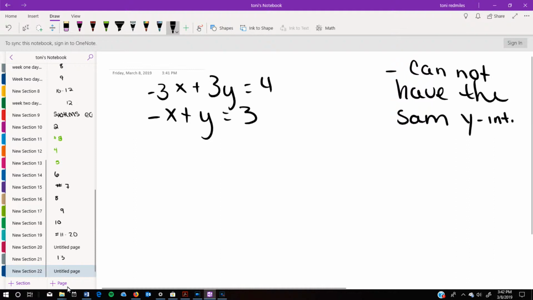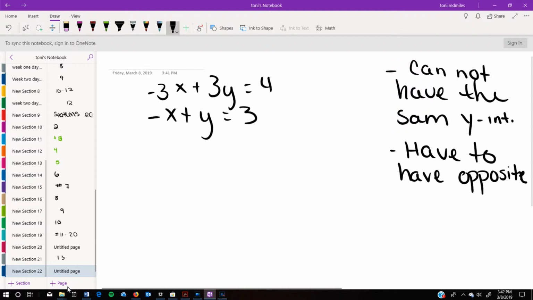They also have to have opposite, that means if it's negative, it's positive, reciprocal, that means if it's 1/3, then it's 3, slopes. So in order to know, I need to rearrange these, okay?